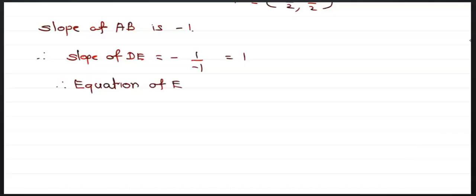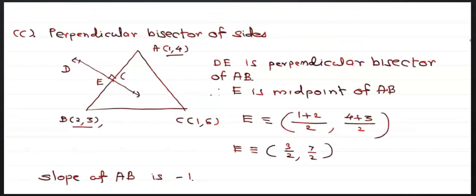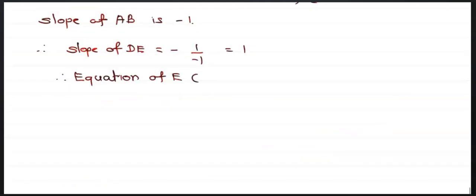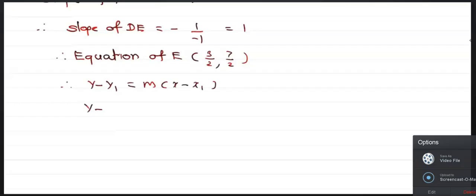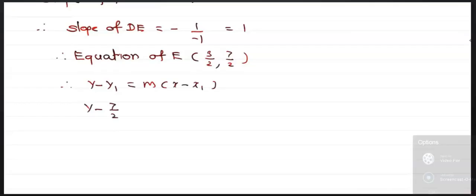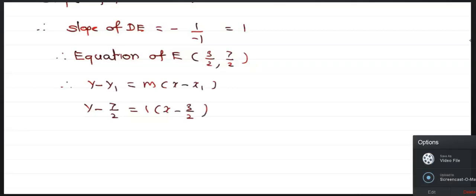Therefore, equation of y minus y1 is equals to m in bracket x minus x1. Y minus 7 by 2 is equals to m, that is 1, in bracket x minus 3 by 2.